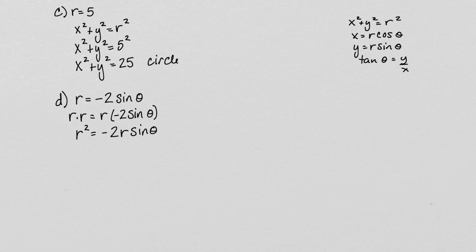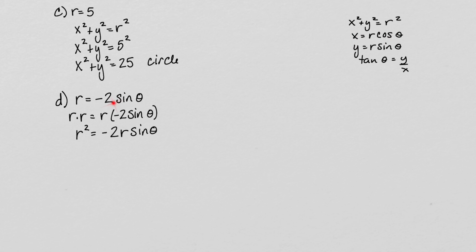The reason I'm multiplying by r is that if I'm trying to convert and I have a sine theta or a cosine theta, I want that sine or cosine theta to have an r multiplied by it. Then I can say r sine theta is the same as y, or r cosine theta is the same as x.